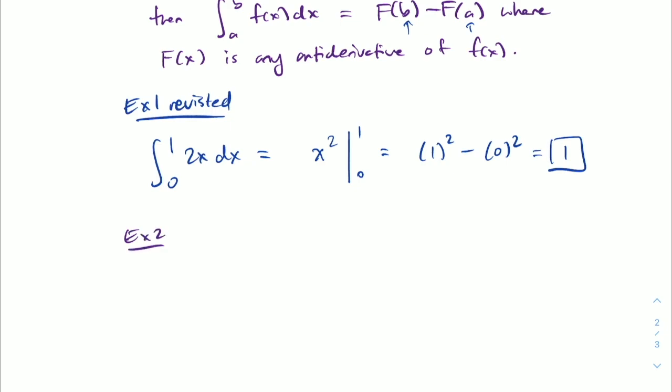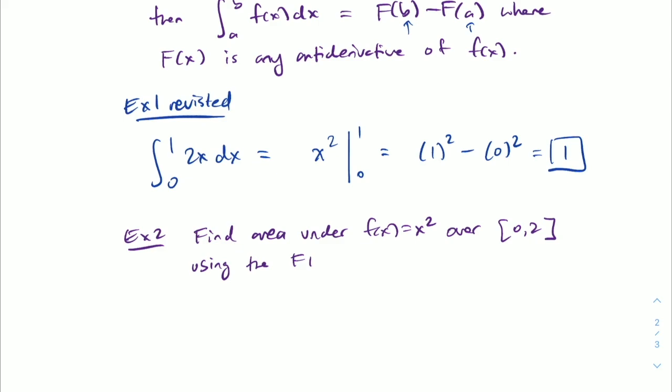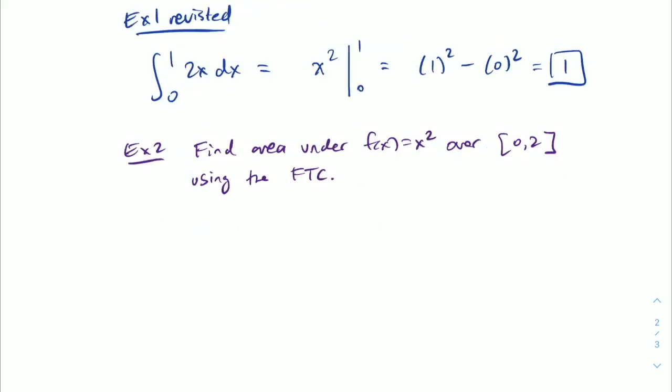Let's find the area under x squared over the interval 0 to 2. And we're going to use the fundamental theorem of calculus, FTC. So again, we're going to set up the notation here. We're going to go from 0 to 2 of x squared. And then the fundamental theorem says I need to just antiderive this x squared. I'll get x cubed over 3, or 1/3 x cubed.